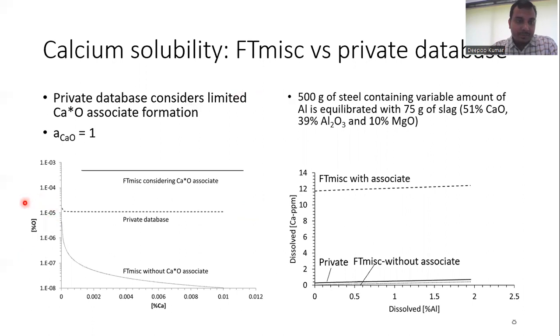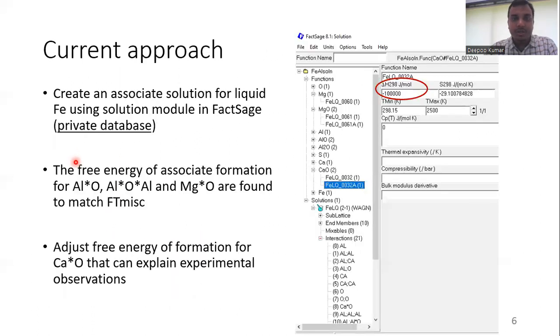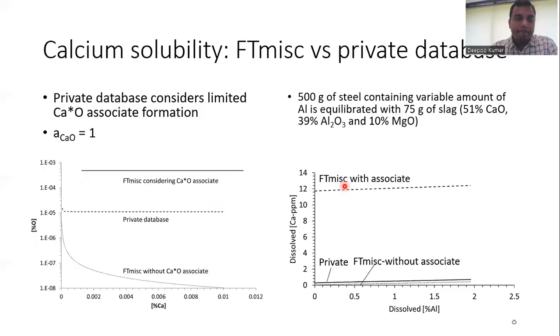So again, we are seeing a similar thing, percentage oxygen versus calcium. Of course, FTmisc has the highest calcium solubility, and you can also see the graph shifted towards the right and up, because of associate formation. Now, if we reduce the amount of associate formation by changing this excess free energy here, we can see that calcium solubility comes down, and the graph shifts a little bit leftward.